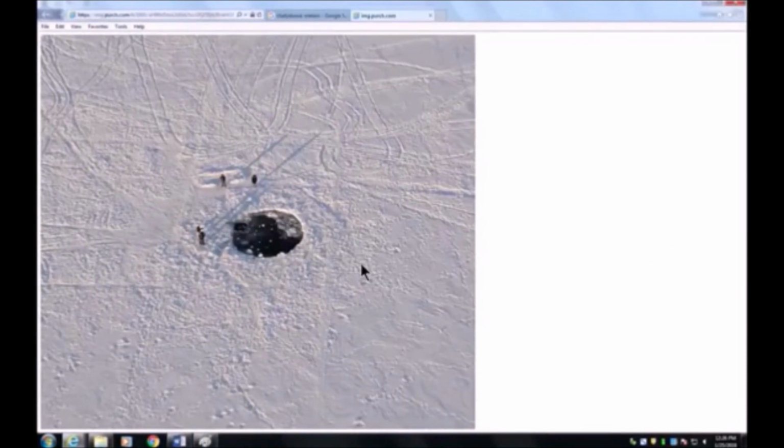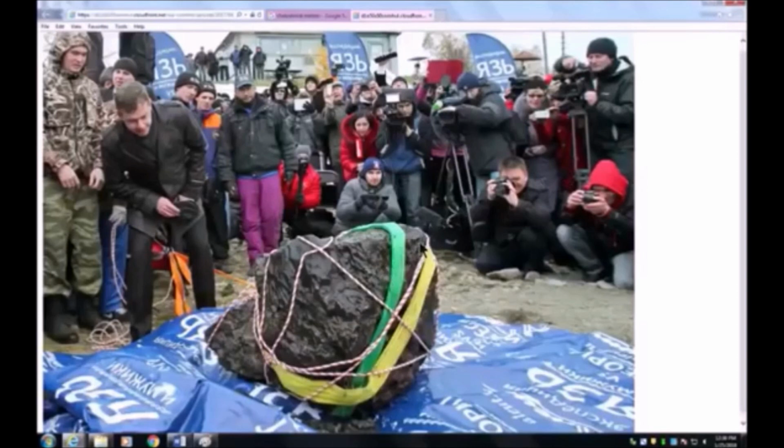It broke up. As we saw, it exploded. And a number of chunks hit the Earth, but this was the largest right here. It just hit a lake and went down to the bottom, and they recovered a couple of the largest pieces. This was the largest piece here. I think that weighs about over 1,000 pounds, something like that.